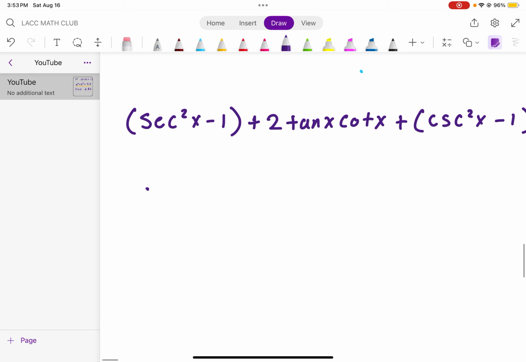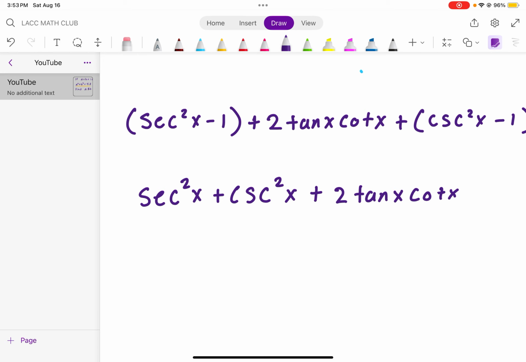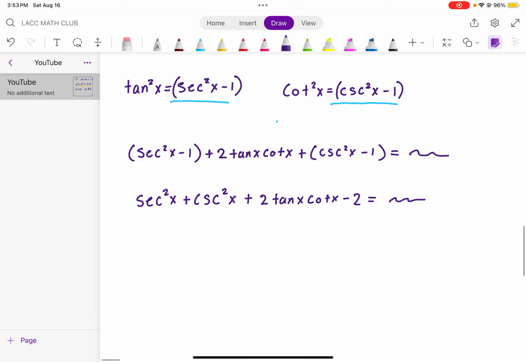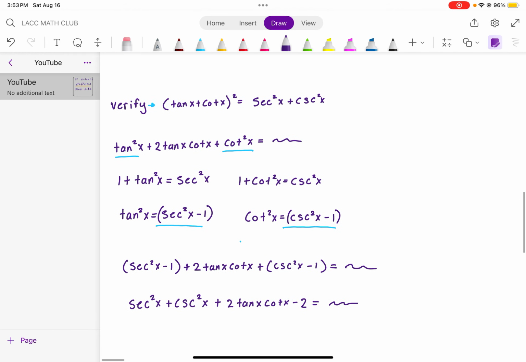So this is what it'll look like: secant squared plus cosecant squared plus 2 tangent cotangent, don't forget, minus 2. That's equal to the right hand side. Now look at this, it's becoming very identical to cosecant squared plus secant squared.